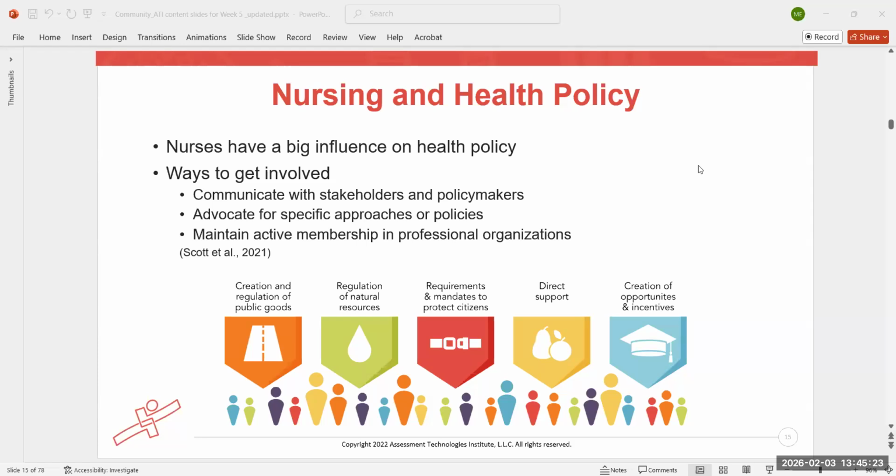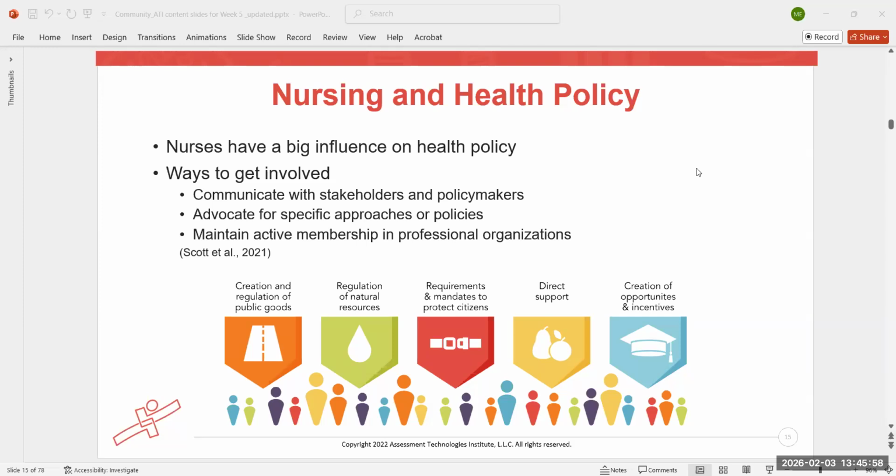So, looking at the impact of nursing with health policy, nurses do have a big influence on health policy, and there's a couple ways that you can get involved, or you could be a change agent. So, looking at what changes are needed, local, state, federal, advocate for those needed changes, communicate with stakeholders and policymakers. You can help to influence legislators by participating in the professional nursing associations, and those professional nursing associations support specific changes for nursing.